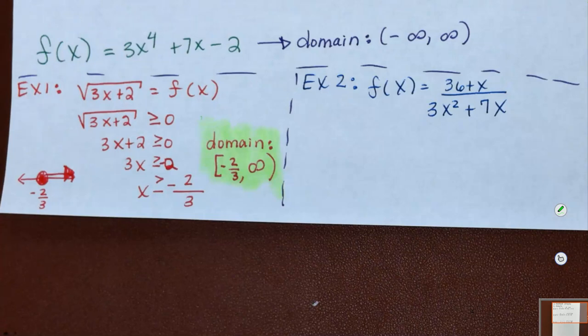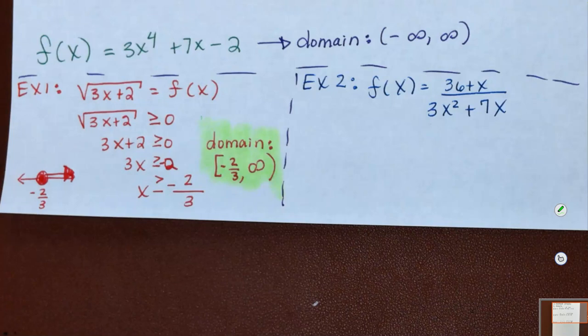It's a fraction. Fractions can be negative, fractions can be positive. You just can't have 0 where? In the numerator? Can you have 0 in the numerator? Can you do 0 divided by 8? Yes, you can.